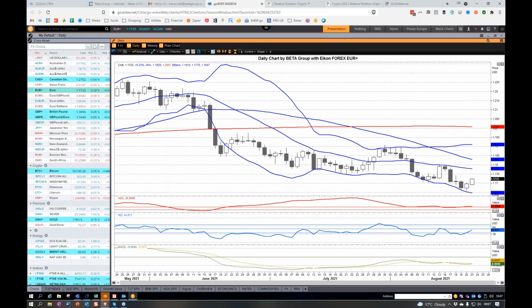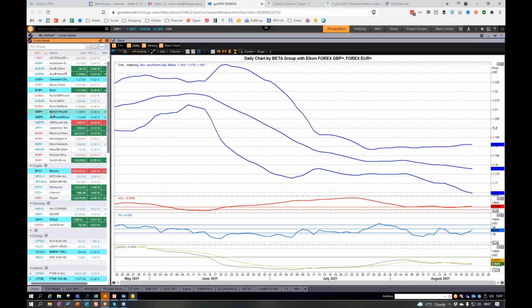But at the moment, this is just a two-day counter trend move to me, and I would treat this as a bit of an opportunity, like any of these ones in here, to set up a move against the trend.